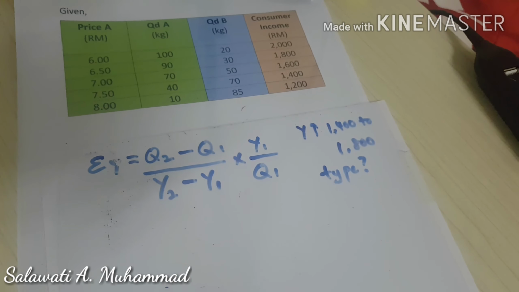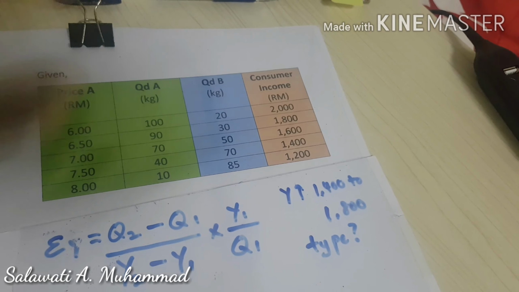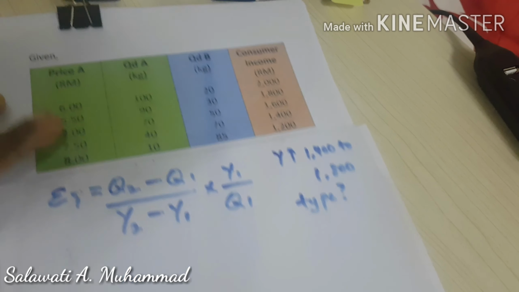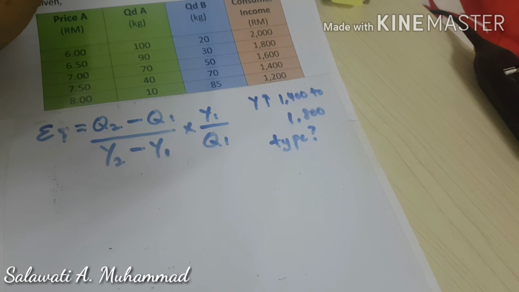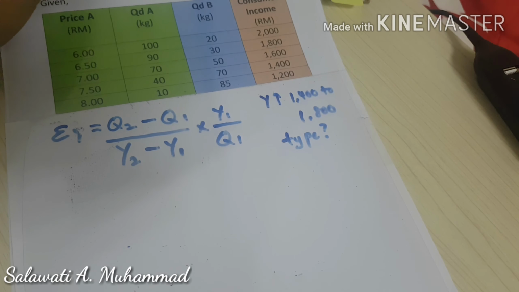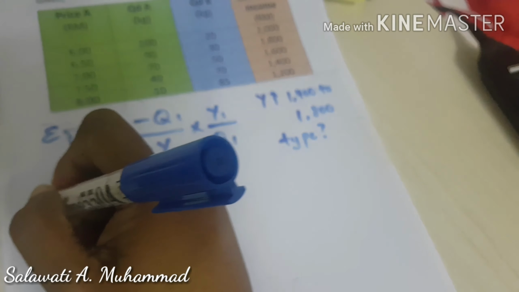Okay, so for this question, we need to solve for two products, for good A and also for good B. So we solve good A first.